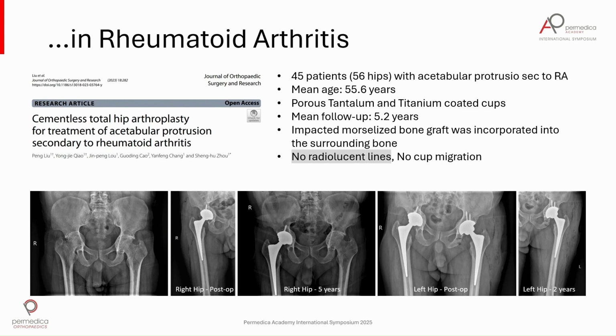This is a mix of different coverings for the cups. The cups were titanium and tantalum. It is supposed that they are similar, but the way the materials perform is different, but you have no radiolucencies. So it seems that this kind of cups will perform really well.